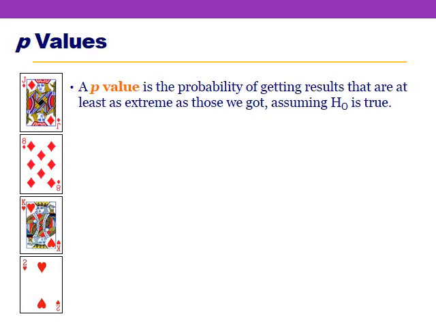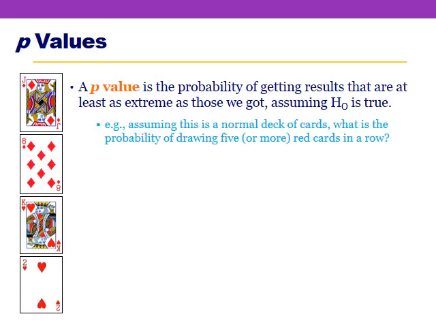So in the context of the game that we just played, the p-value would be, for example, if this is a normal deck of cards, what is the probability of drawing 5 or more red cards in a row, or 6 or more red cards in a row, or 7 or more red cards in a row?